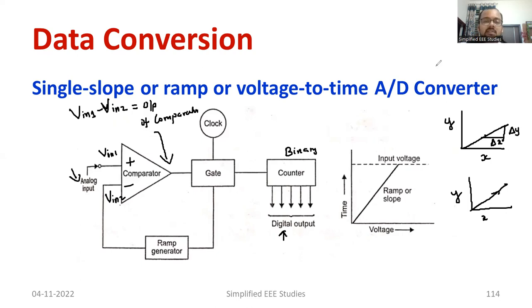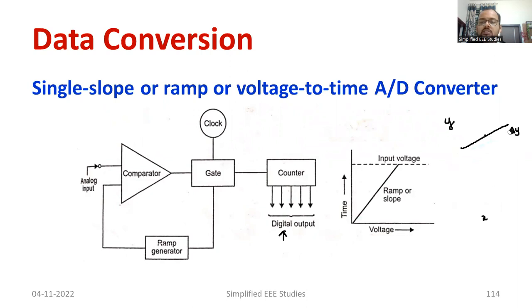Now we'll discuss how it works. The working will be explained in a simplified fashion, so please observe carefully. Our ultimate target is to get the digital information. So this is your analog input. First and foremost, you keep on increasing the analog input from the sensor, so the input goes rising initially.